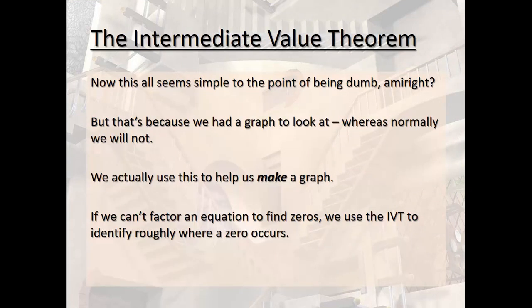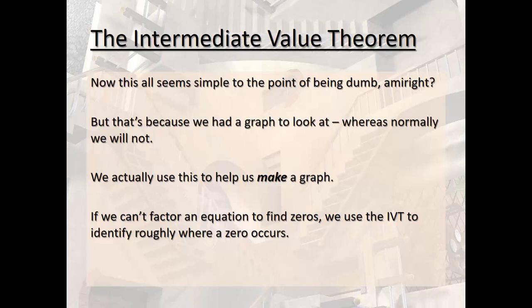Now this all seems simple to the point of being dumb. Am I right? That's because we had a graph to look at. Normally we will not. We actually use this to help us make a graph. If we can't factor an equation to find zeros, we use the intermediate value theorem to identify roughly where the zeros occur.